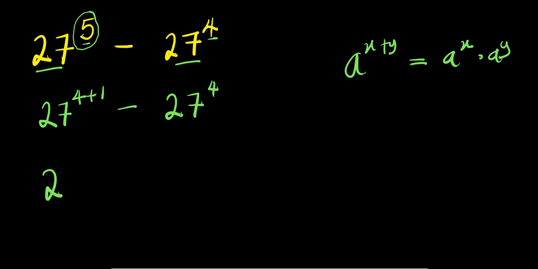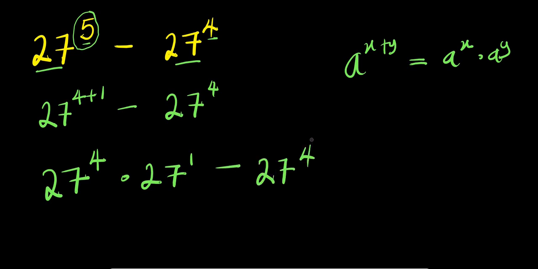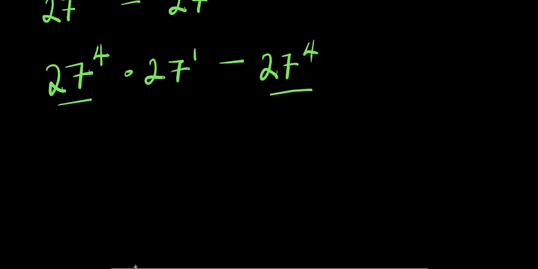So this is 27 power 4 times 27 power 1 minus 27 power 4. So we have 27 power 4 and 27 power 4, we factor that out.